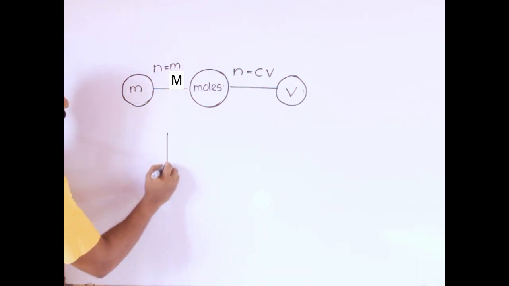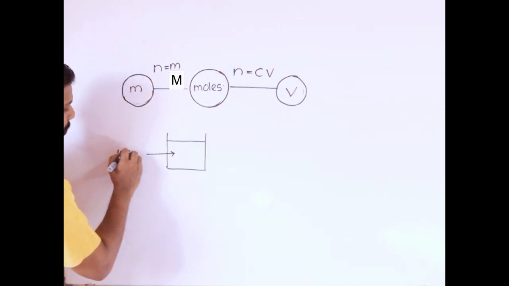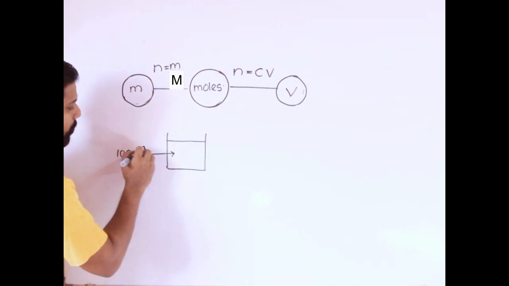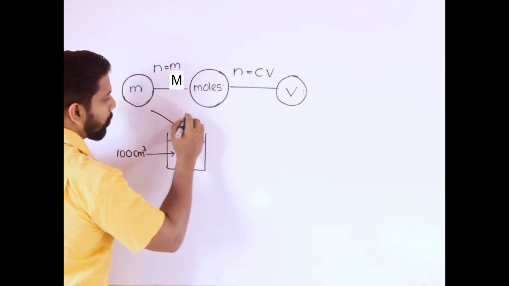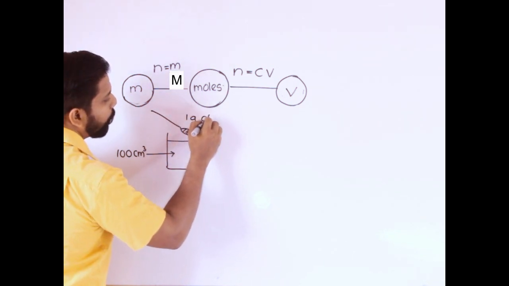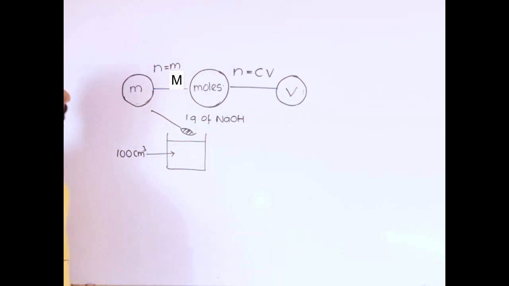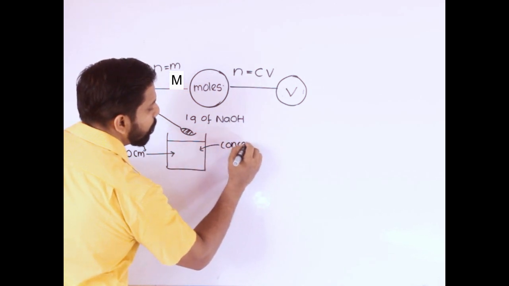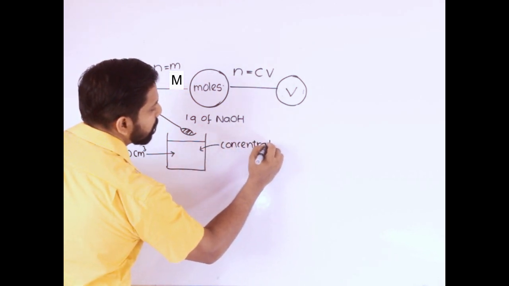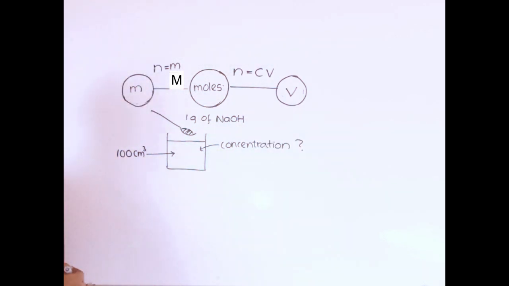Suppose you are going to prepare a solution like this. We have 100 cm cube of solution. You are going to dissolve 1 gram of sodium hydroxide. And the question is asking you the concentration of the resultant solution.